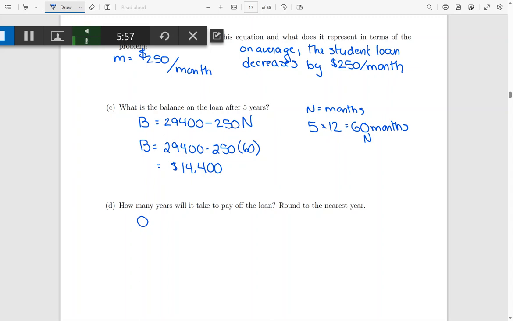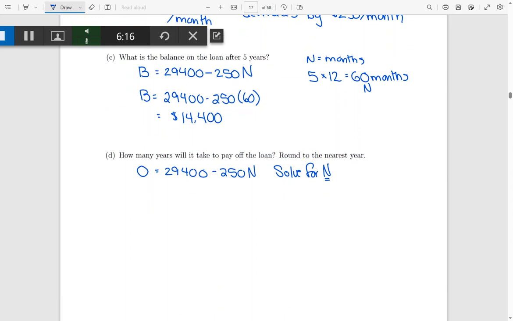I have no balance left if I've paid off the loan. I put in my values here from my equation and then solve for N, keeping in mind that when I get N, that's going to be in months. So don't be too surprised. I'm going to leave the N alone. I'm going to subtract this away first from both sides of the equation.